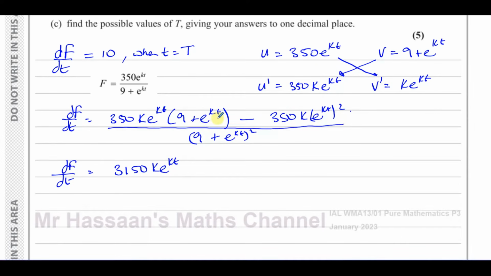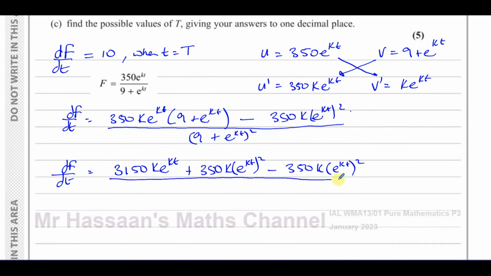And then plus 350 times k, and you'll have e to the power of kt all squared, because it's like this multiplied by itself, minus again 350 times k e to the power of kt squared, all over 9 plus e to the power of kt, all squared.